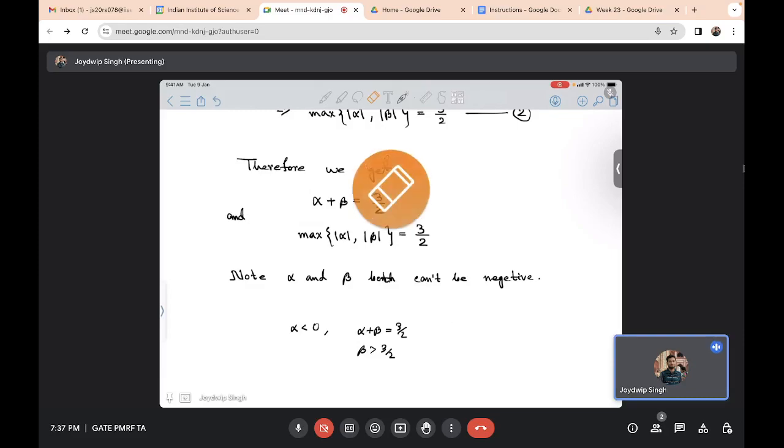So one also cannot be negative. So both should be positive.